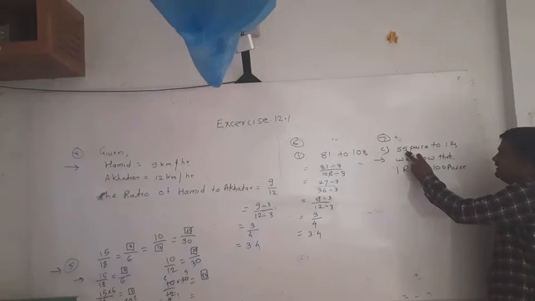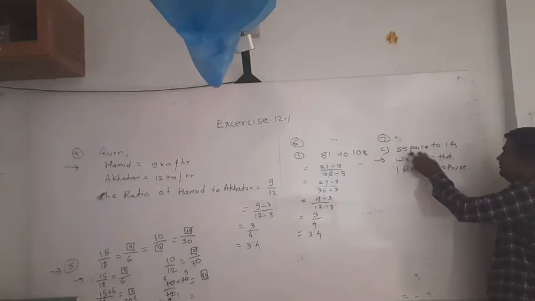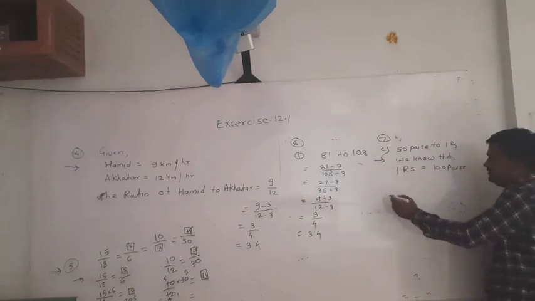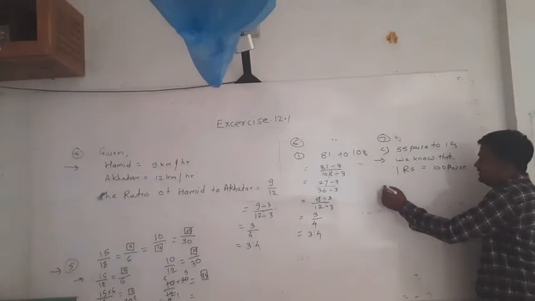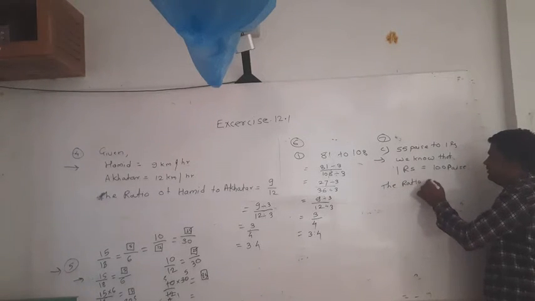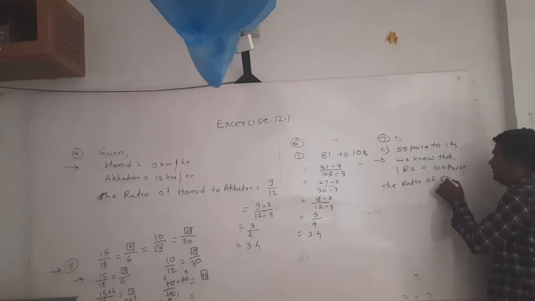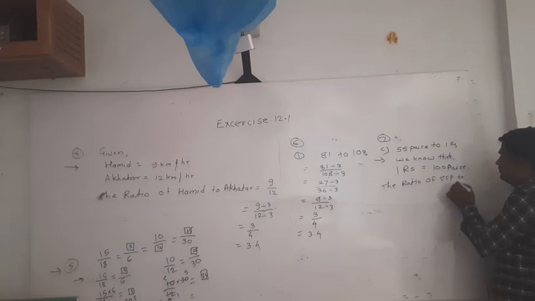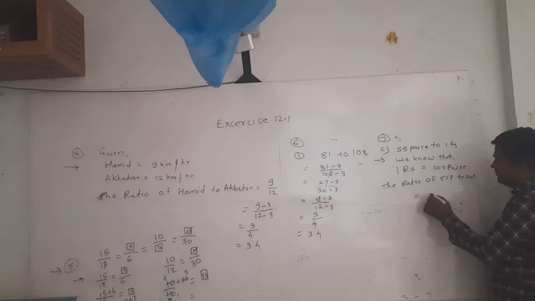Now you want to find the ratio of 55 paise to 100 paise. So find the answer: the ratio of 55 paise to 100 paise. Now see, 55 by 100.